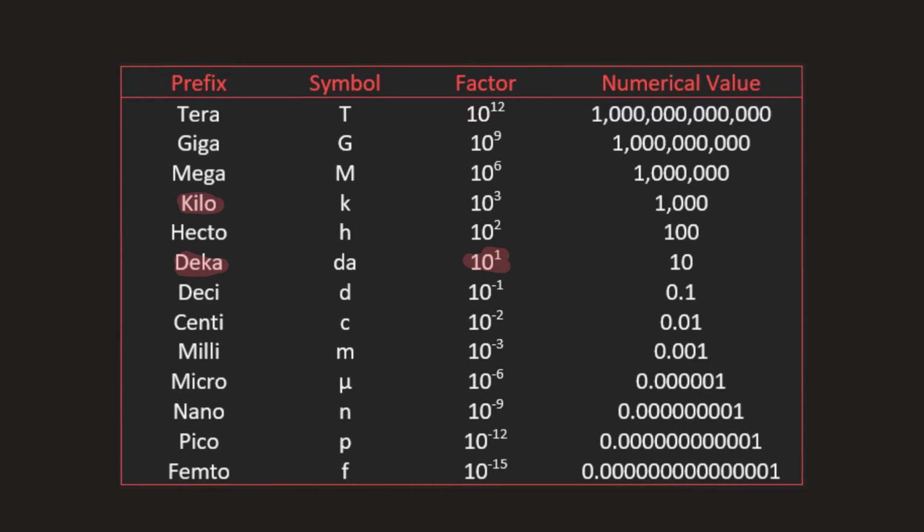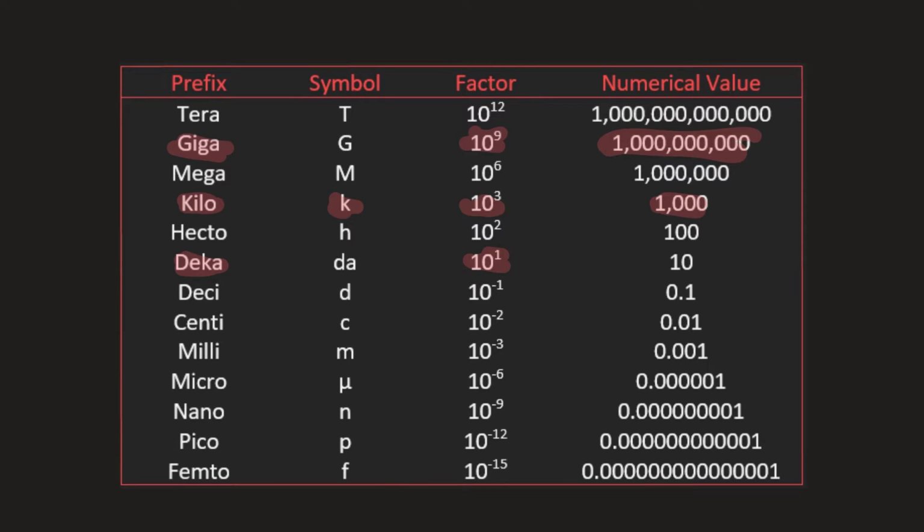Kilo is often used a lot. Here's that symbol, and it's 10 to the third. This simply means that there are 1,000 of the base units in 1 kilo. Same thing with giga, times 10 to the ninth, and that means there are 1 billion of the base units in 1 giga.